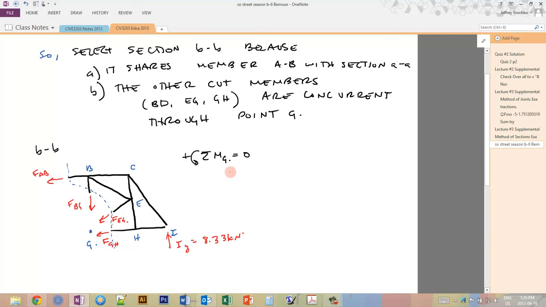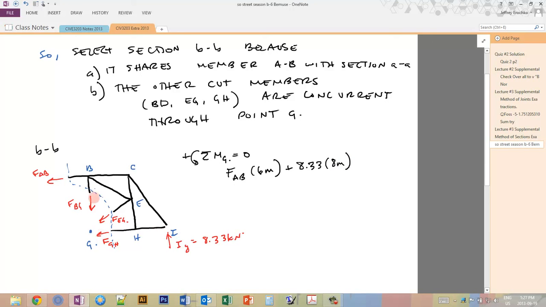Now if we do this, all we have is FAB times 6 meters, which is the height of the truss, plus 8.33 times 8 meters, which is the distance between G and I. So that's the horizontal distance.